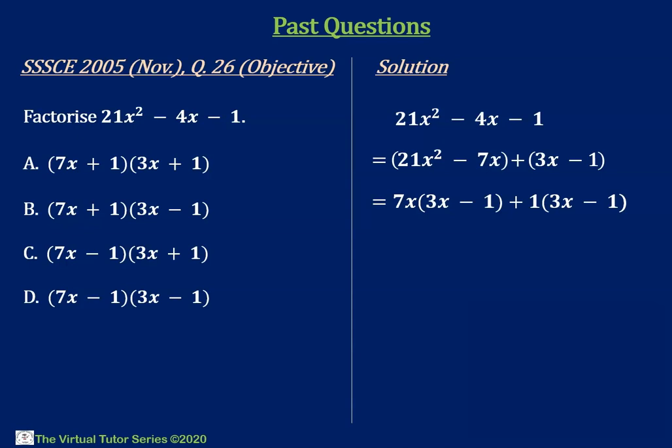At this point, we put the factors in bracket and set it against the common terms in the bracket. So we have into bracket 7x plus 1 bracket closed as against into bracket 3x minus 1 bracket closed. Therefore, the correct answer is option B.